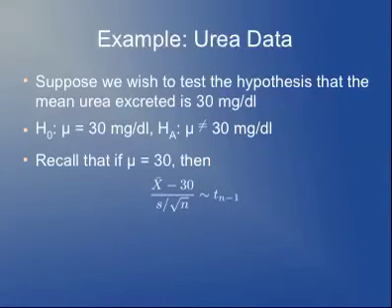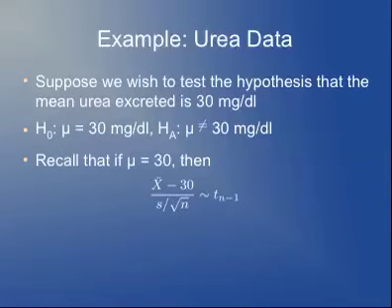So here's an example using the urea data that we've talked about before. Suppose we wish to test the hypothesis that the mean urea excreted by cells is 30 milligrams per deciliter. So here our null hypothesis is that mu is equal to 30 milligrams per deciliter, and our alternative hypothesis is that mu is not equal to 30.